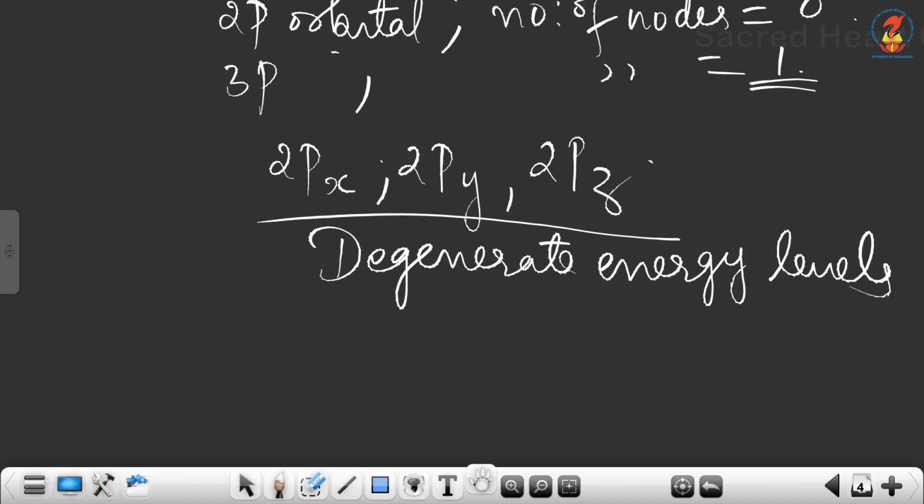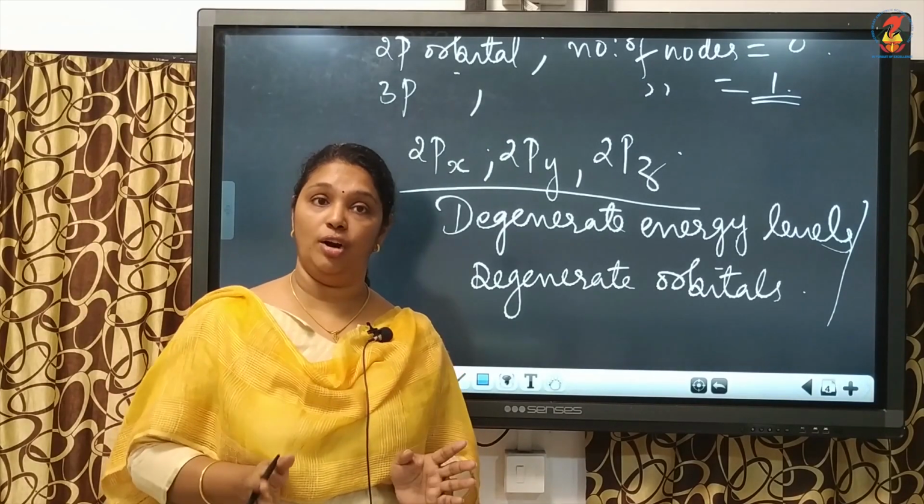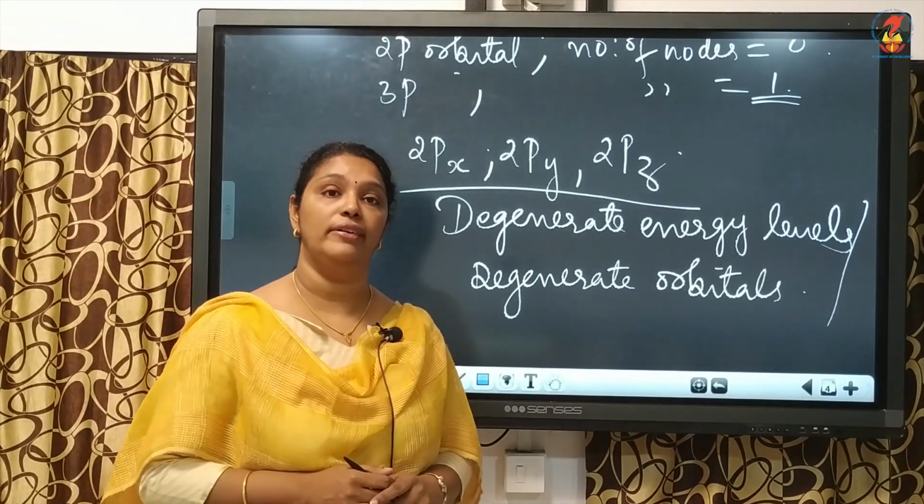So what do you mean by degenerate orbitals? Degenerate orbitals means orbitals with the same energy. So if you take p orbitals with the same n value, all three will have the same energy. So we can call them degenerate orbitals.